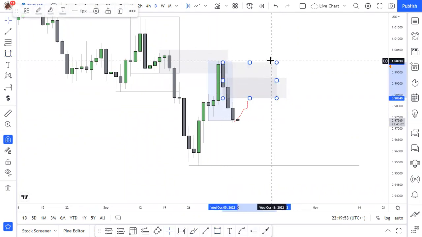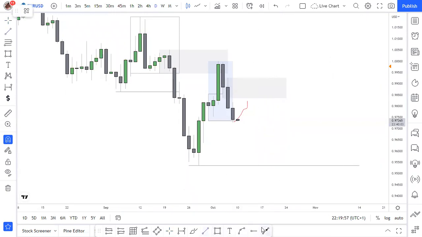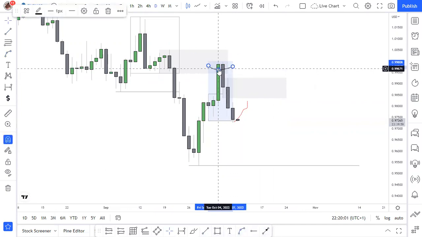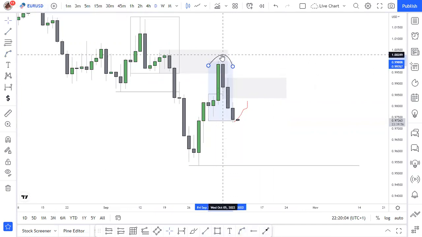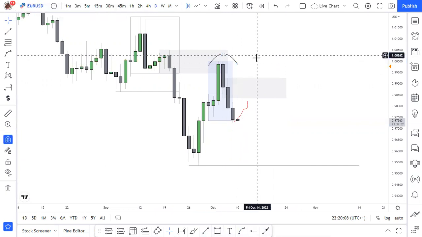But I will be drawing this zone. So we know that this is our high, and until price breaks it, we are still within that supply range.